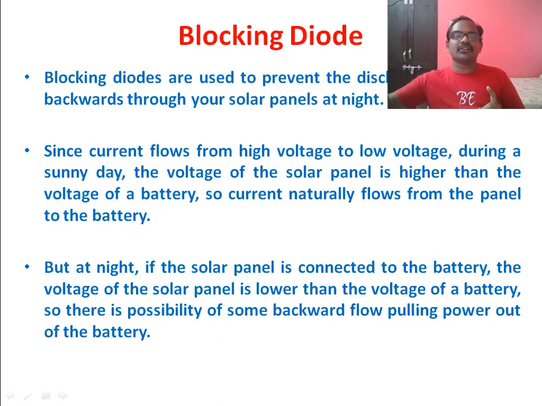If it is drained out, then what happens? There is no energy left in the battery. Completely the battery will be drained out and we cannot give the energy to the load. That is the problem. To prevent this reverse flow of current from battery to the panel, we will connect a diode called a blocking diode in between a panel and the battery.